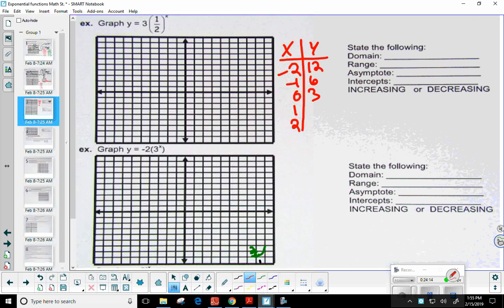So 1/2. There you go. That's right. That's what I was talking about. 1.5. There you go. 0.75. Good.